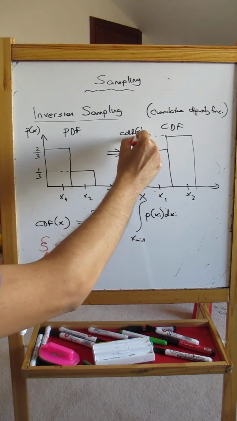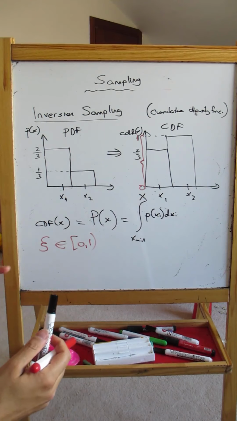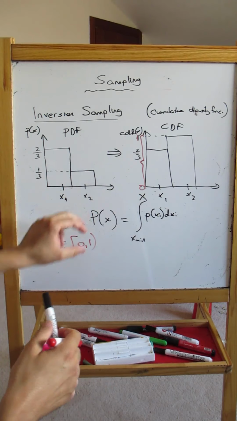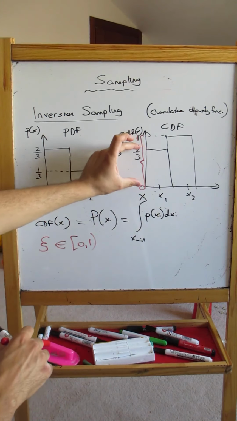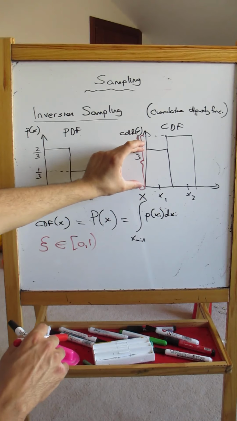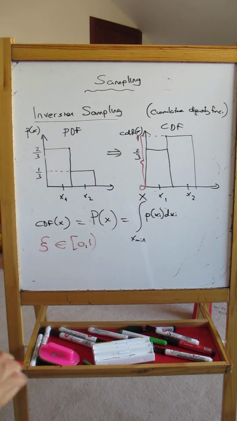This is 0 and this is 1. Now chi will be uniform, so with 2/3 probability chi will be in this region, and with 1/3 probability chi will be in this region.